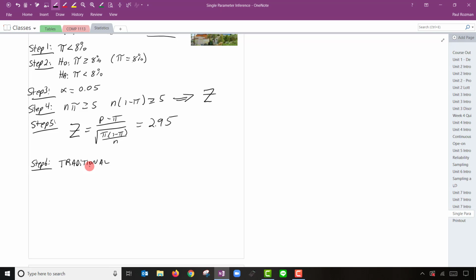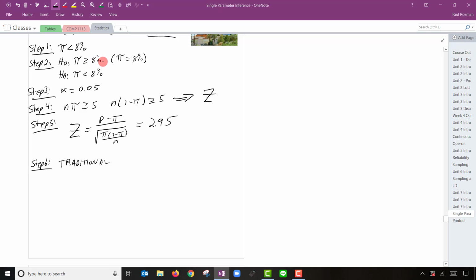How do you know? Let's go back to the original setup. Look at the null hypothesis here. Pi greater than or equal to 8%. What's weird in that case? If you got a percentage that was, say you got 90% of the windows are broken, would you reject this? No, you're fine with it. It's bigger than 8%.